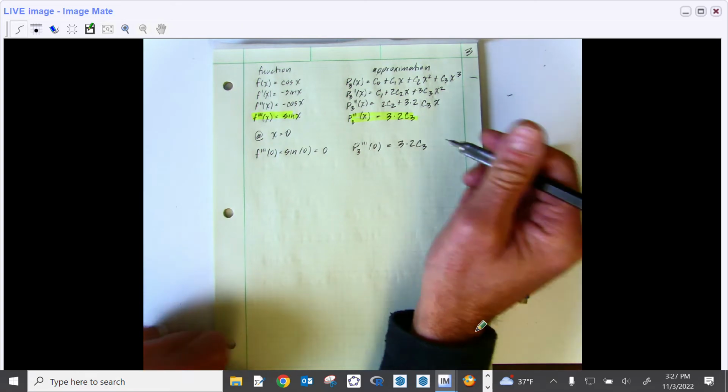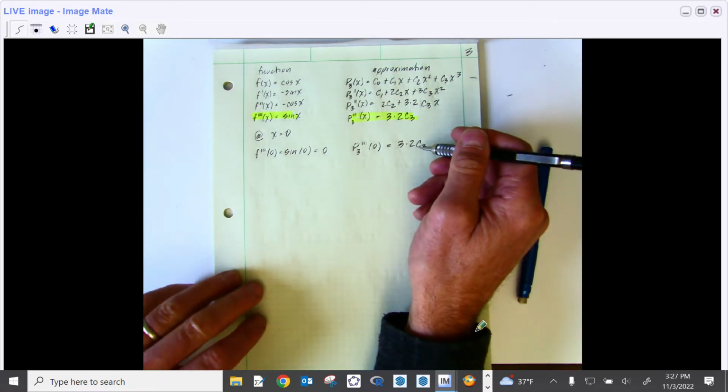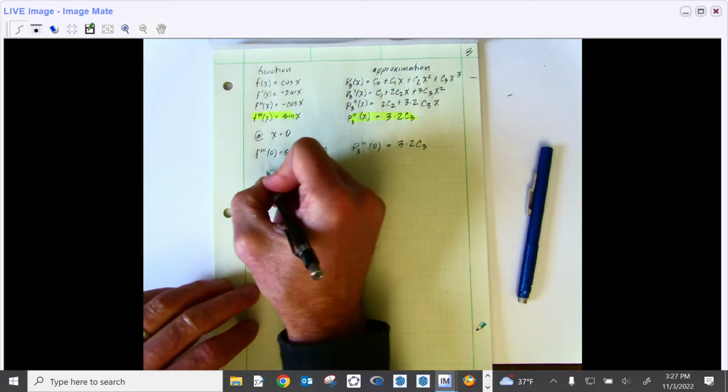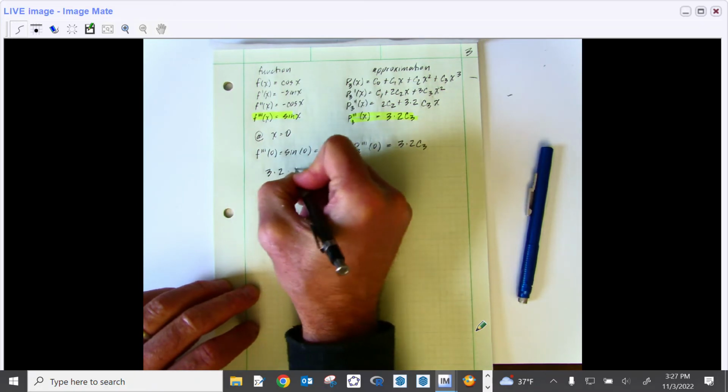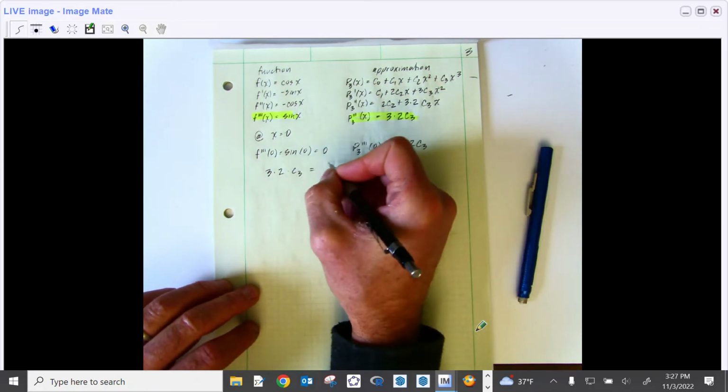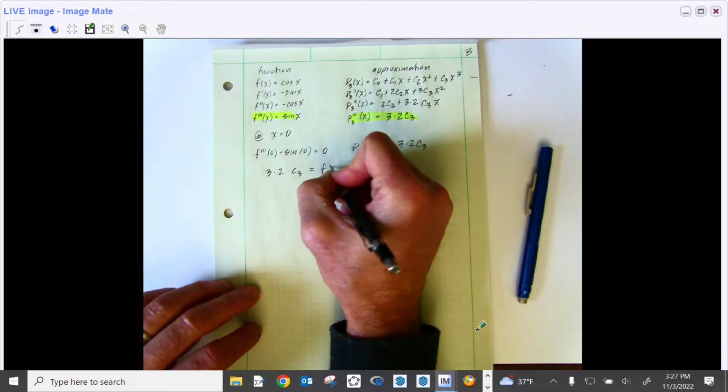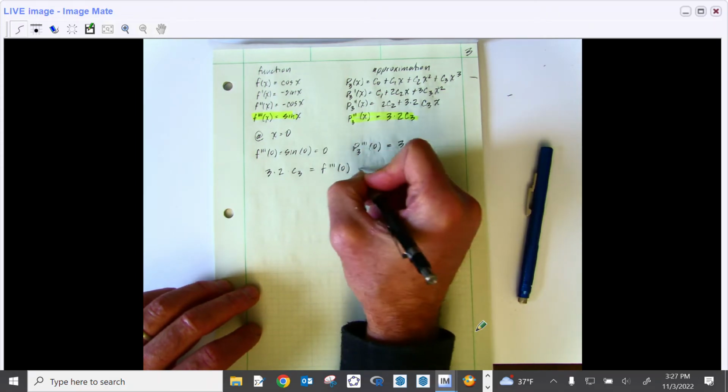And so if I want to solve for c3, I would say 3 times 2 times C3 has to be equal to f triple prime of 0. In this case, it's just 0, right?